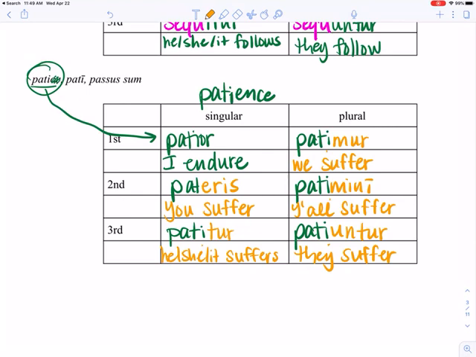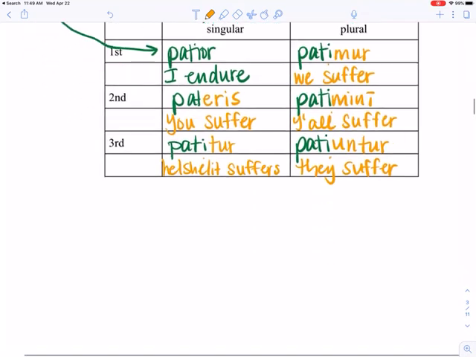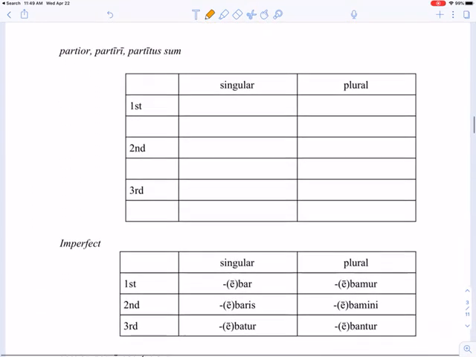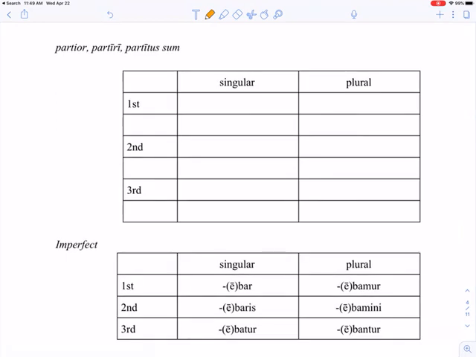All right, next we are moving on to fourth conjugation. And here we have partior. Partior means to divide, so maybe you see our word partition. Again, we're going to take partior and we're going to move it right down here.